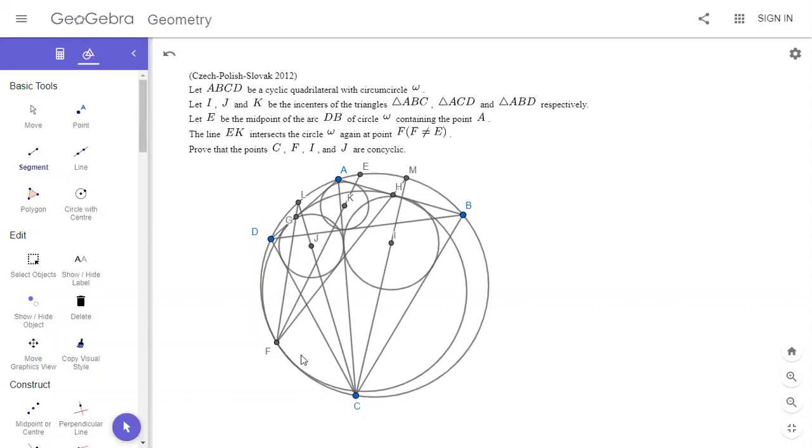So FL divided by FA equals FM by MA, and then I replace LA with the corresponding incenter. I replace LA by LJ. Okay. So LA, you replace with LJ. So FL divided by LJ should be equal to FM divided by MI.